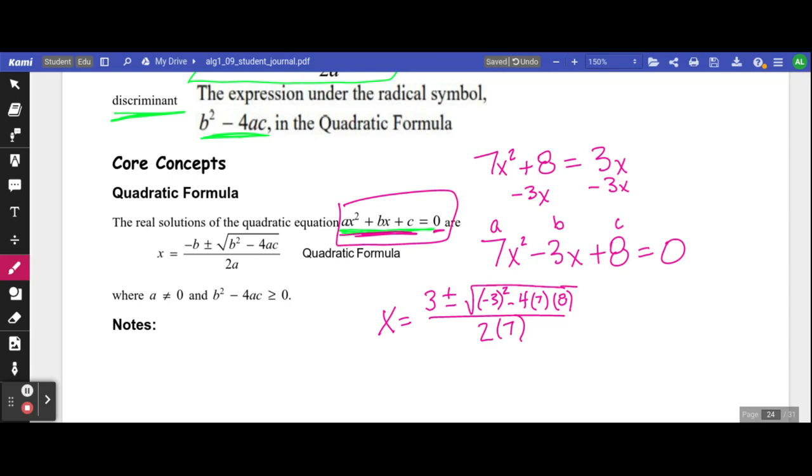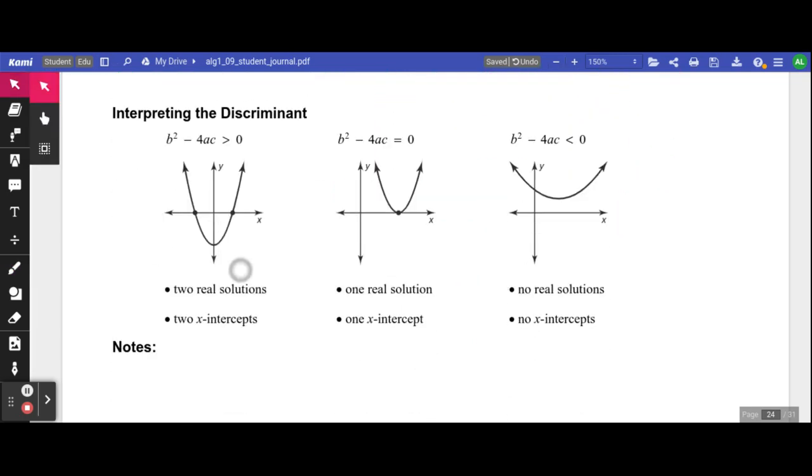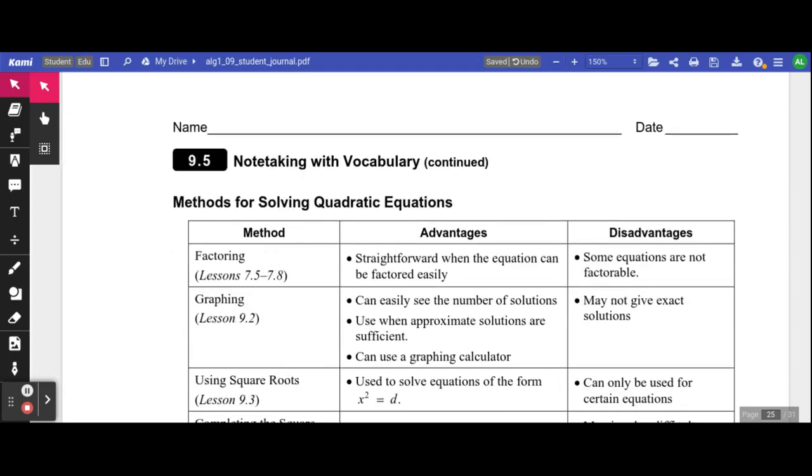I'm not going to solve this one out. I just wanted to show you how to plug in those different values and how to actually get set up with your quadratic formula. We'll get into the discriminant on day 2.